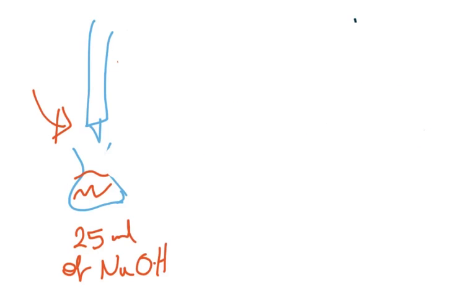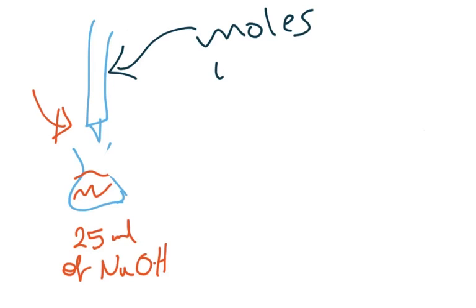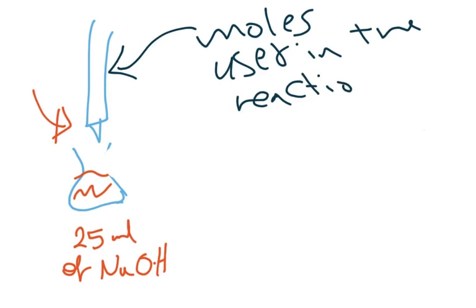But this is not the moles in the entire 250 flask. These moles are only the moles used in the reaction. So we only found out the number of moles in a small amount.